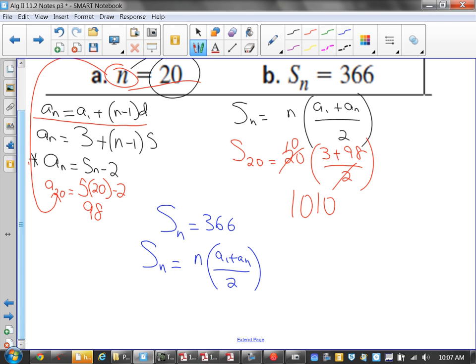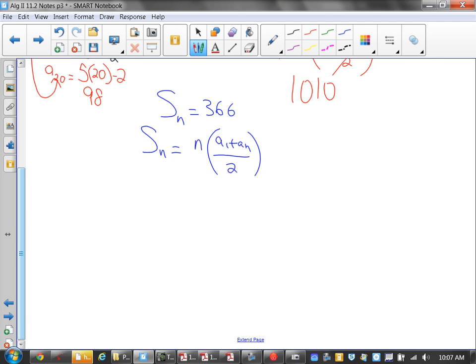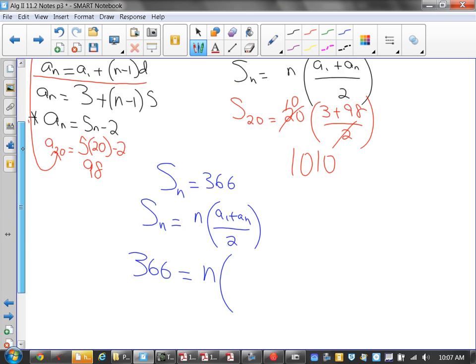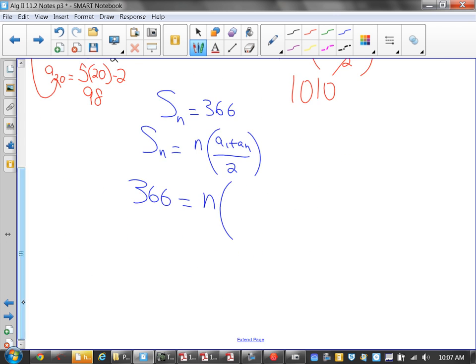And I'm just going to substitute in everything that I know. I know that 366 has to equal n. First term was 3, correct? Our nth rule was, thank you.